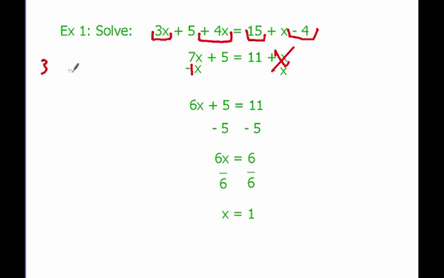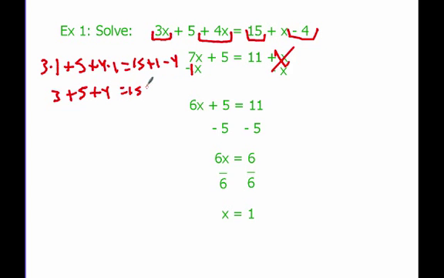I'm going to say 3 times, I said x is 1, plus 5, plus 4 times 1 equals 15 plus 1 minus 4. 3 times 1 is 3, plus 5. 4 times 1 is 4.